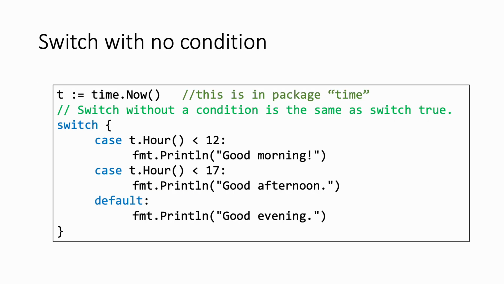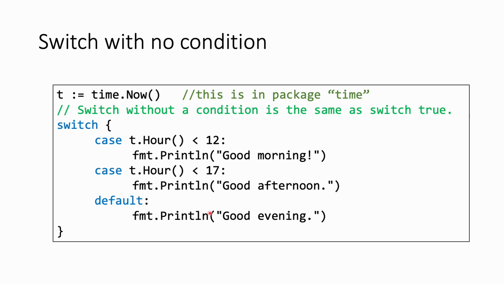In Go, you can also have a switch statement without any condition, as in this example. A switch without a condition is the same as switch true. That means it's the same as writing a switch with the condition being true.